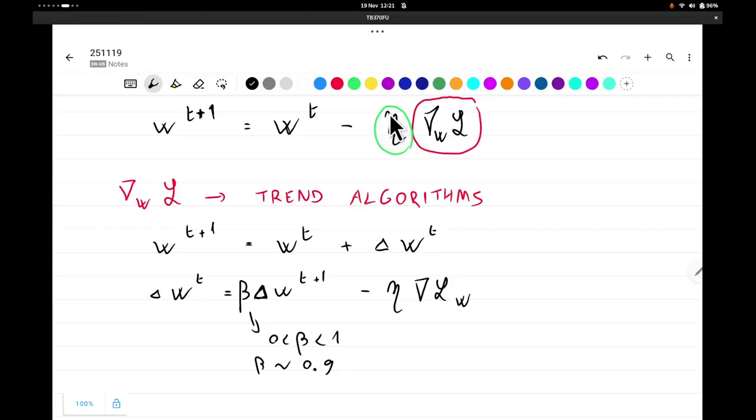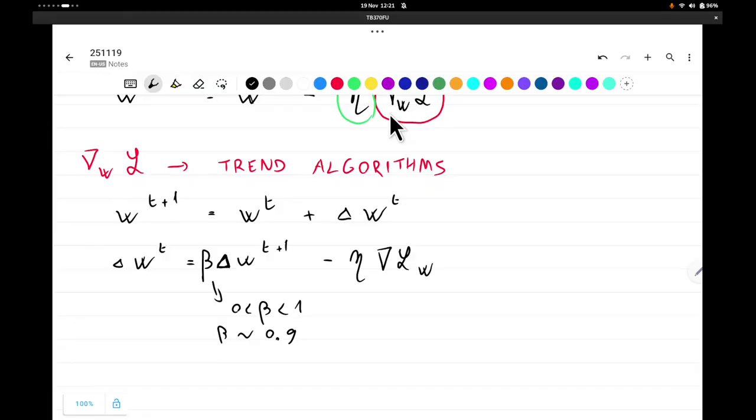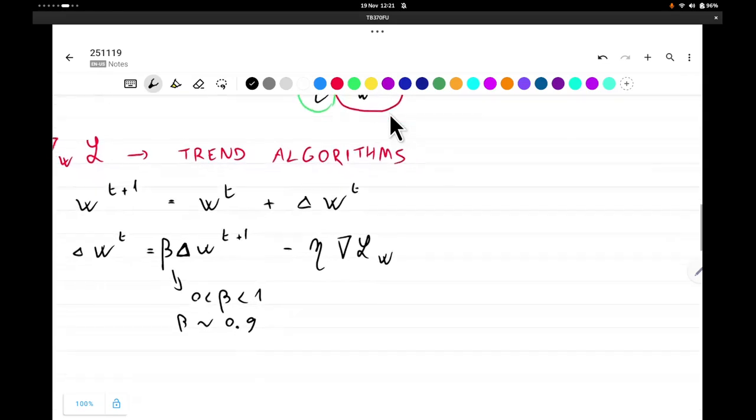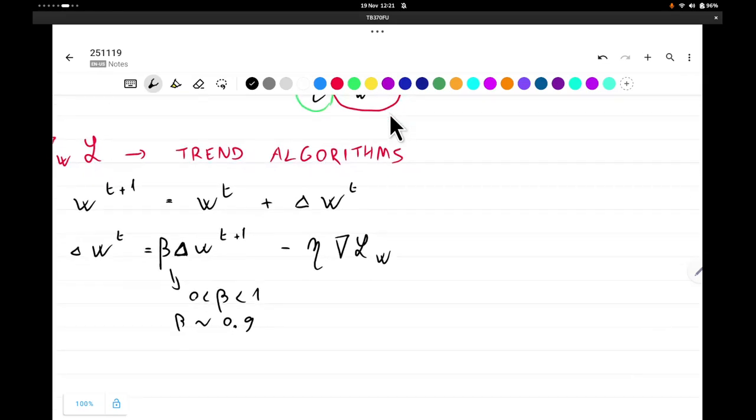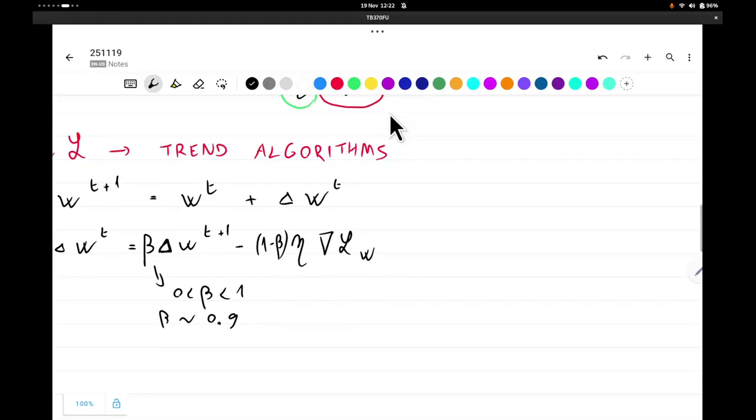So I will use a certain fraction, possibly large, of the previous update, and then I will correct it with the new information. Now I think there should be a 1 minus beta that I have not put here. Yeah, there should be a 1 minus beta.